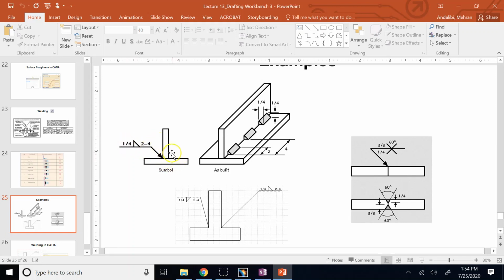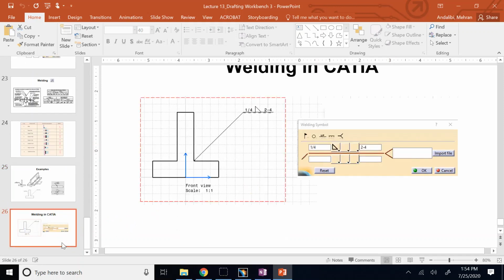So above means the welding is on the other side that the leader shows. If it's below, it means on the same side. So below means on the same side, above means on the other side. If it's on both sides, then use what? Both above and below means on both sides.